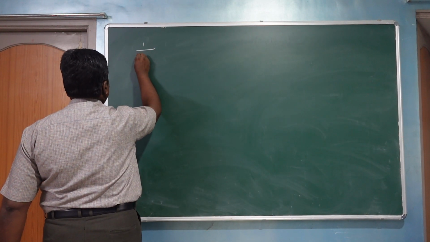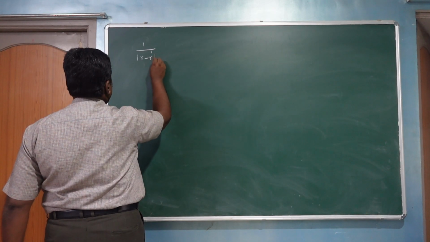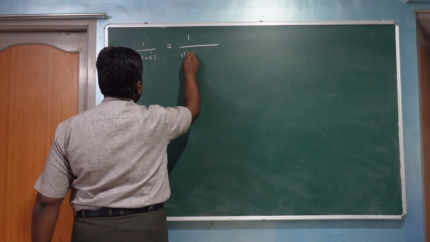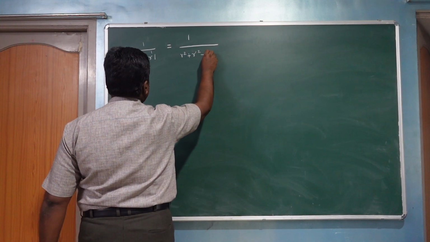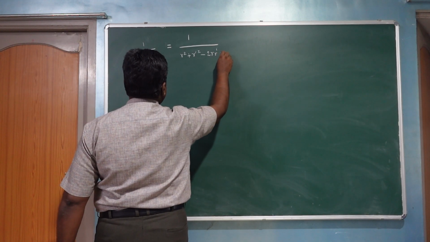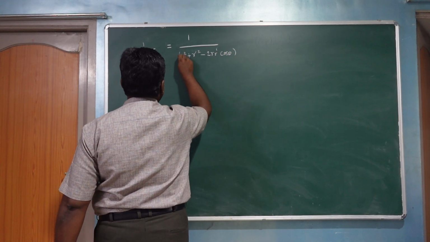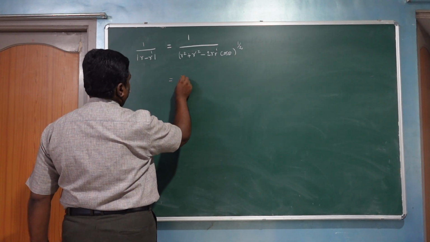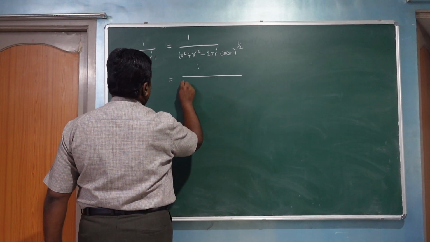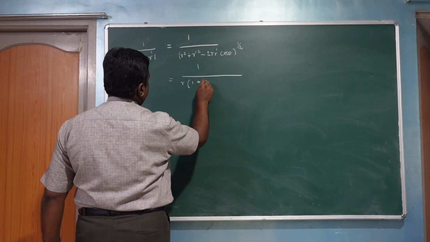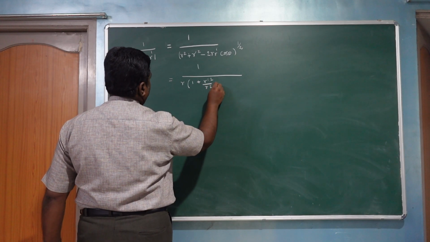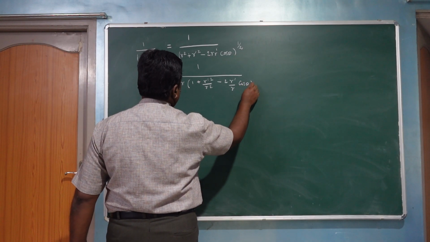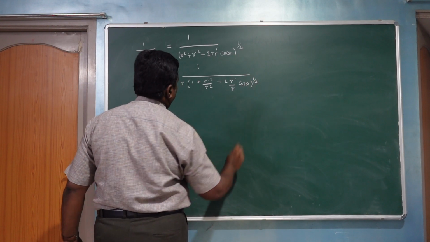Using this cosine rule, we have to find out the value of 1 divided by r minus r dash. One divided by r minus r dash equal to 1 divided by r square plus r dash square minus 2 r r dash cos theta entire power half, which is equal to 1 divided by r into 1 plus r dash square by r square minus 2 r dash by r cos theta power half.